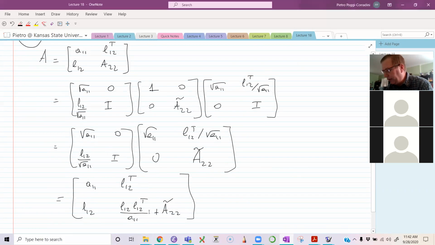That's pretty simple. So this implies A22 tilde is going to be A22 minus L12 transpose.